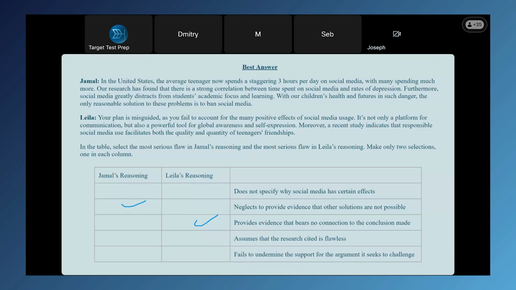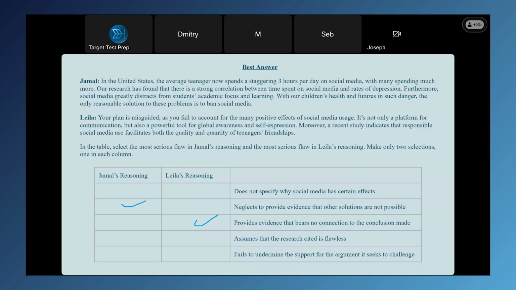C provides evidence that there's no connection to the conclusion made. Jamal's conclusion is based on his evidence. It's just a bit dramatic. D assumes that the research cited is flawless. I don't know that Jamal does assume that the research cited is flawless.